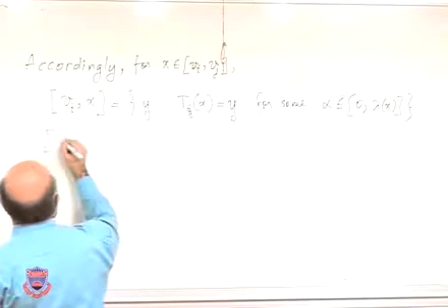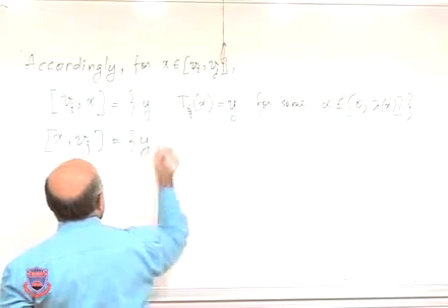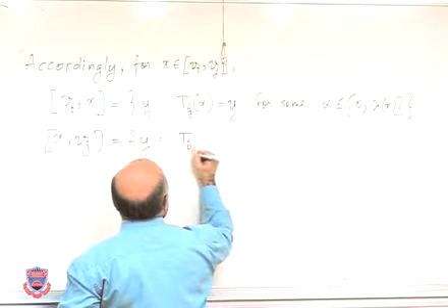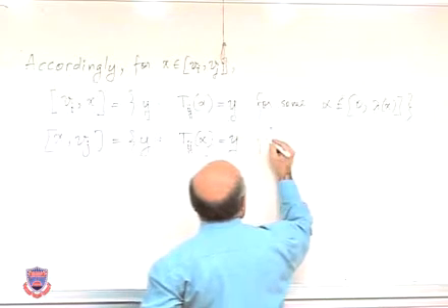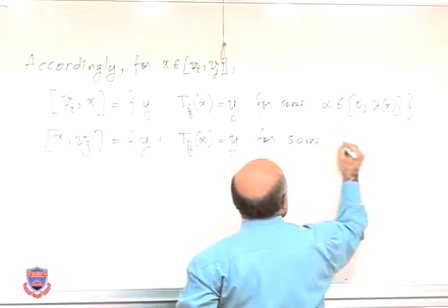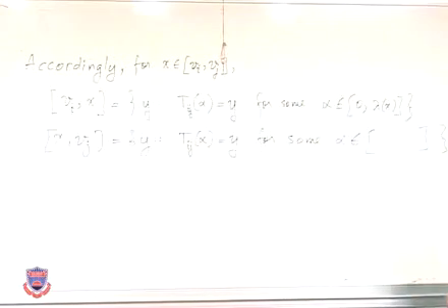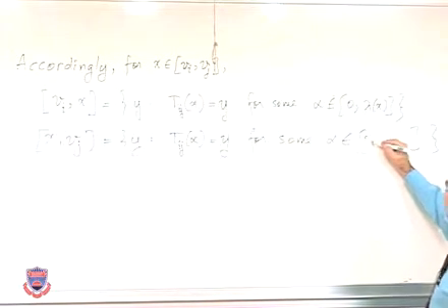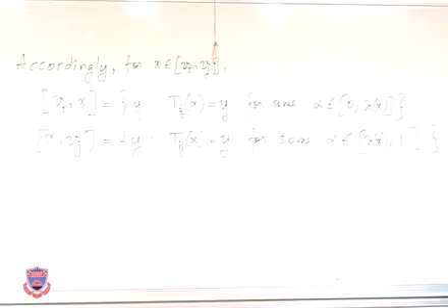Similarly, xVj is defined to be the set of points y in the arc such that Tij of alpha is equal to y for some alpha. This time, what interval do I want? Lambda of x to 1. Yes, that's the interval I want. You got the picture.